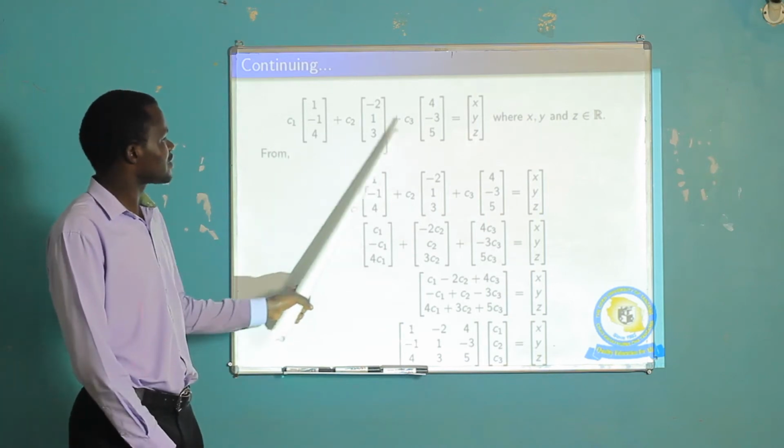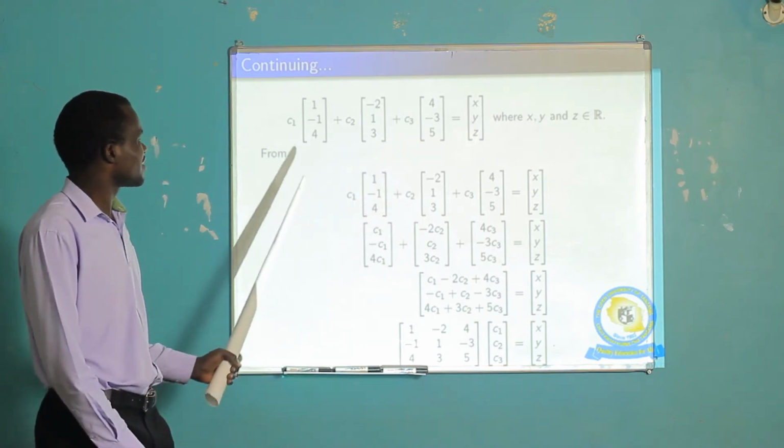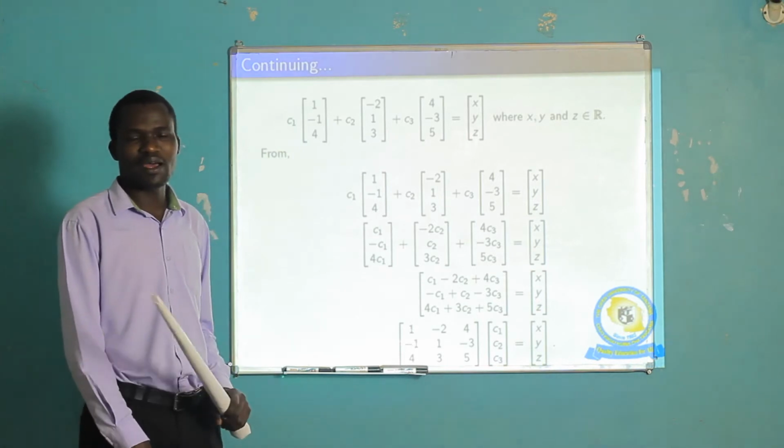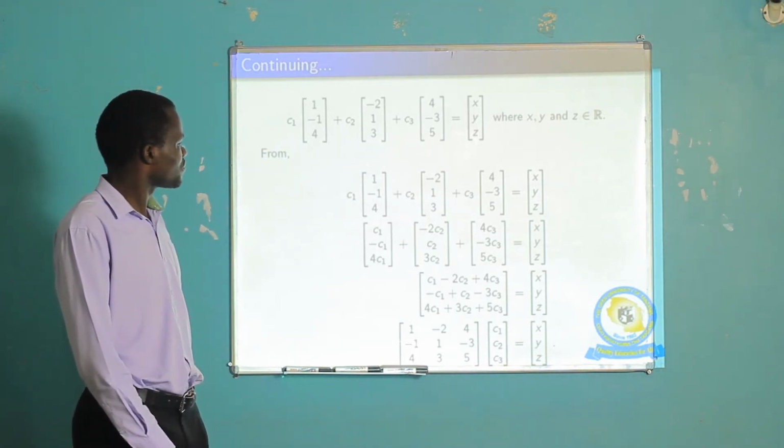So if these scalars exist, then we say that these three vectors span R3 space.